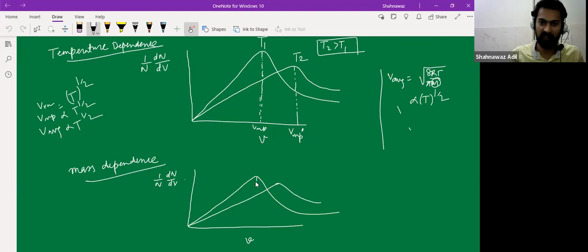Here you see that the velocity is increased. Let's say this one is M1 and this one is M2. Which one is correct, Sanya? First one. Yes, so this mass is higher. This has the lower velocity, so this mass is higher, right?